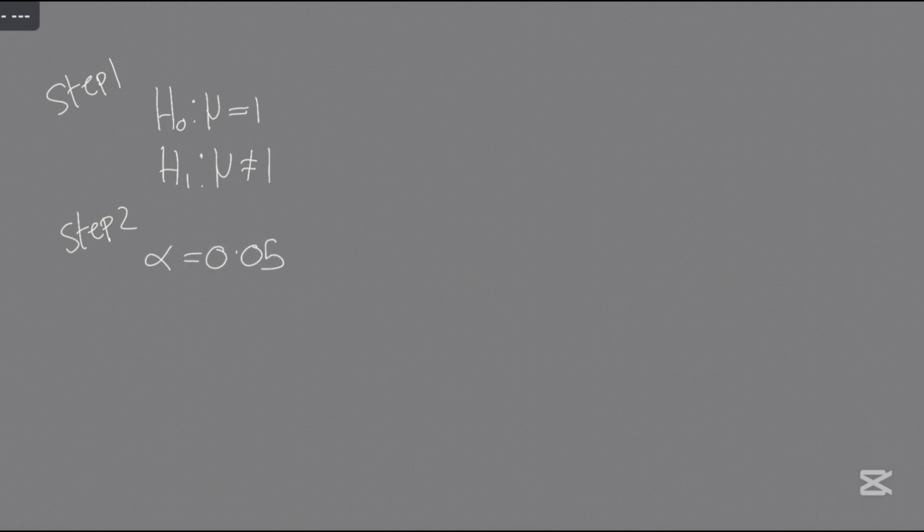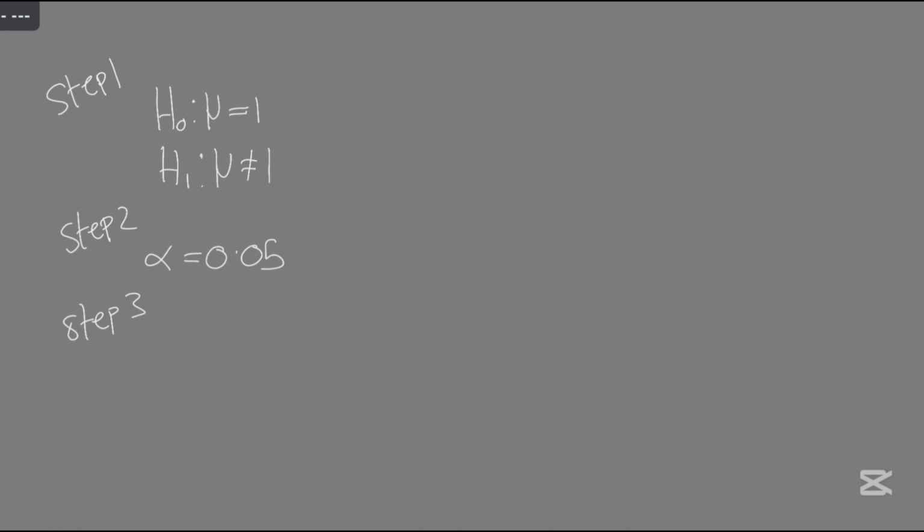Step 3, you state the nature of the sampling distribution. From the question, our variance is given, so we use the z-test. Remember I told you, if your variance is given, you use the z-test. If variance is not given, you use the t-test. So in this situation, we're using the z-test.